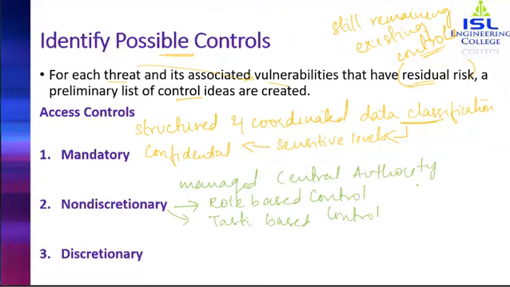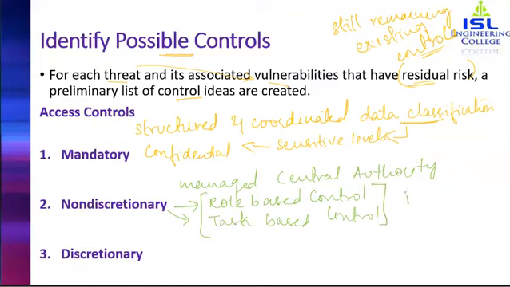Within role-based and task-based controls, whenever you are constantly assigning and revoking privileges from different individuals, it becomes very difficult to administer who is given access and who is not given access. So within non-discretionary access control, you give controls through these two features: role-based control and task-based control.